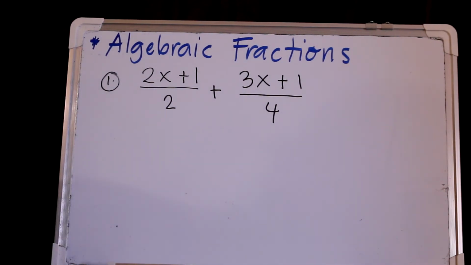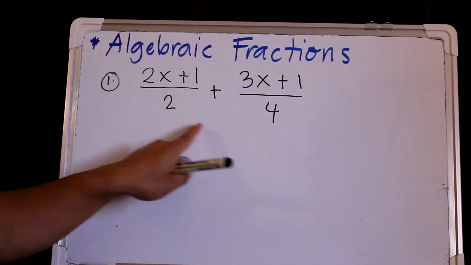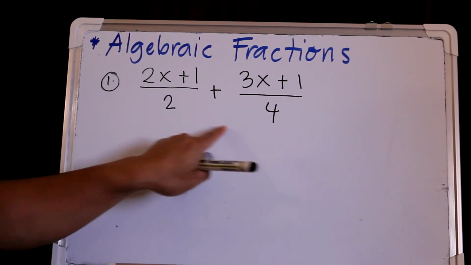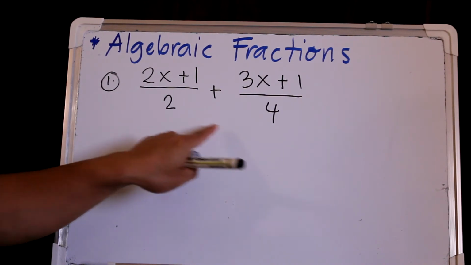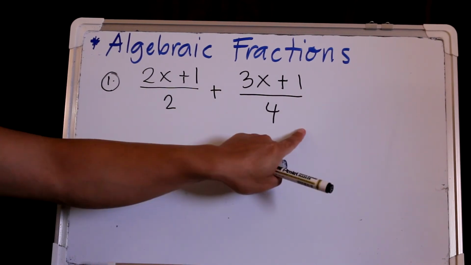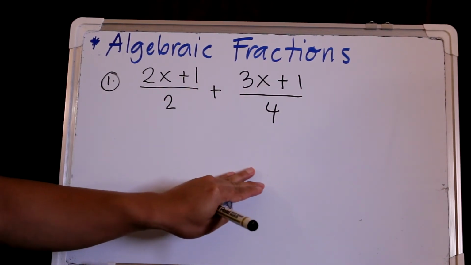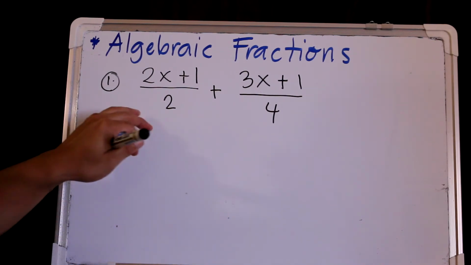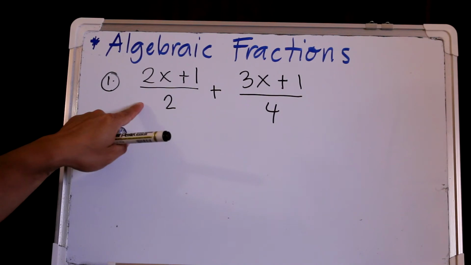But since the 2 and 4 have, we can have the LCM of 4 instead of having 8. Why I'm saying 8 is because when you multiply this with 4, it becomes 8. This with 2, it becomes 8. And then after that, you are going to reduce your answer. So reduce it while you can from the beginning.